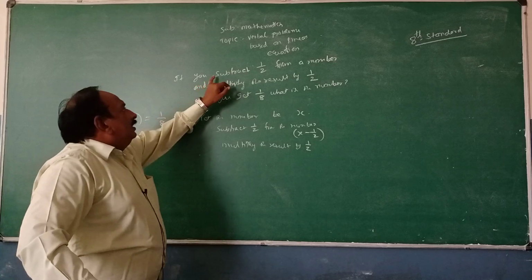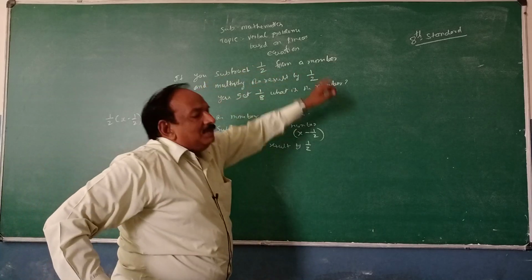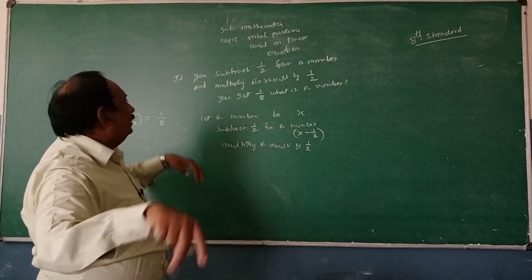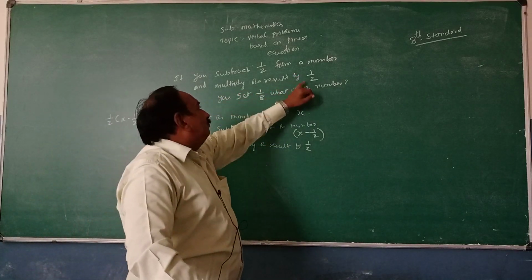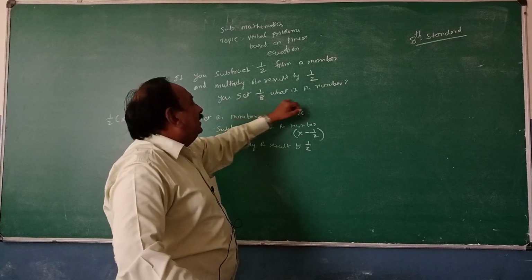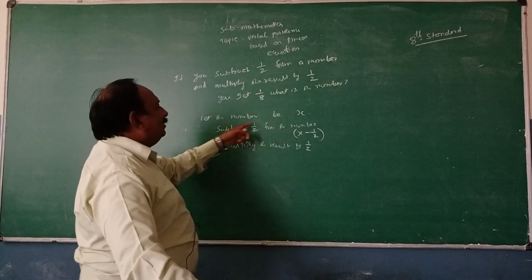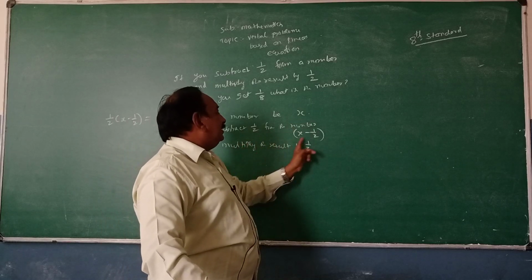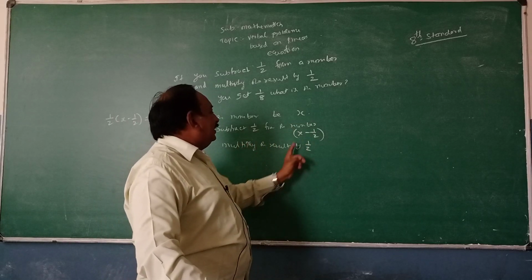Listen carefully. If you subtract 1 by 2 from a number and multiply the result by 1 by 2, you get 1 by 8. What is the number? Let the number be x. Subtract 1 by 2 from the number, x minus 1 by 2. Multiply the result by 1 by 2.